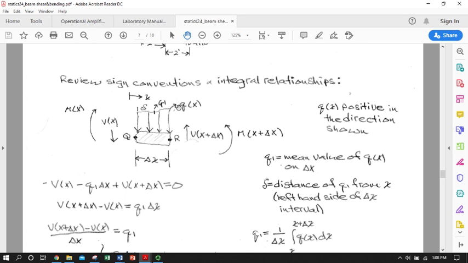And we have our distributed load again, and it's being applied over the whole beam, but we're only concerned with the part that's being applied over our section delta x. It has a value of q as a function of x. We don't know what the function is, but we do know that it has an average value of q1 over this section from x to x plus delta x.